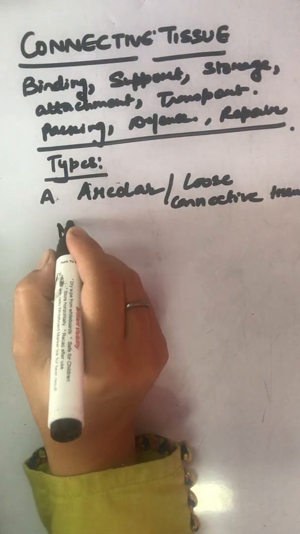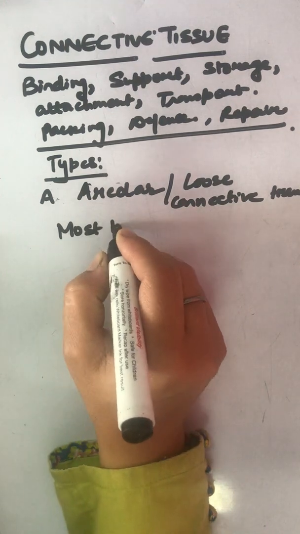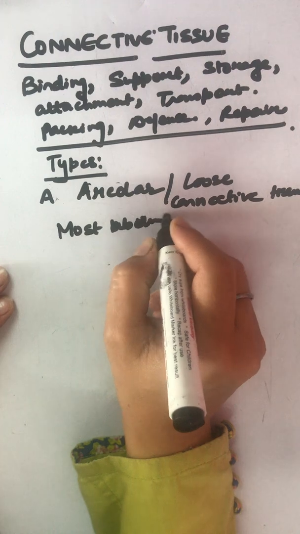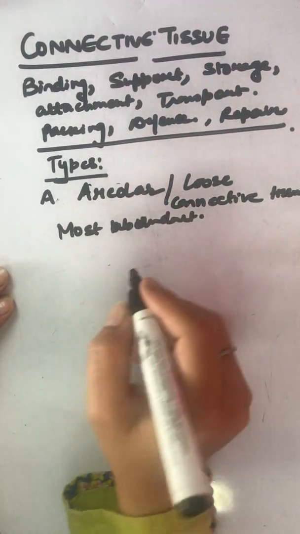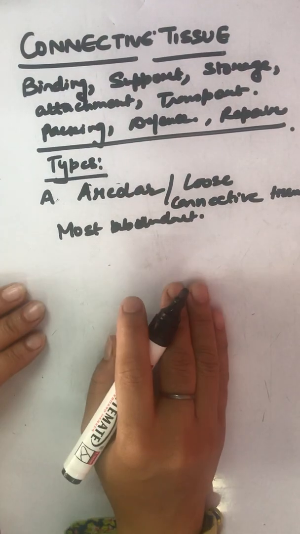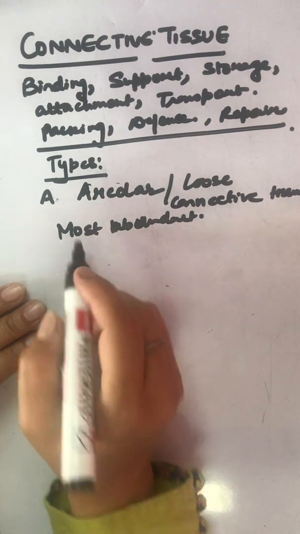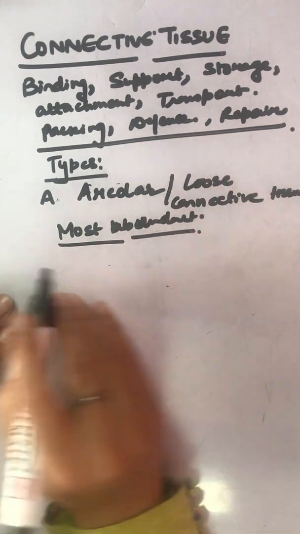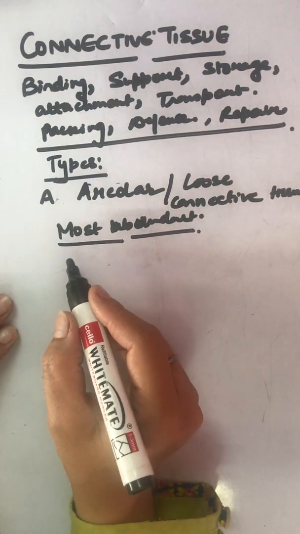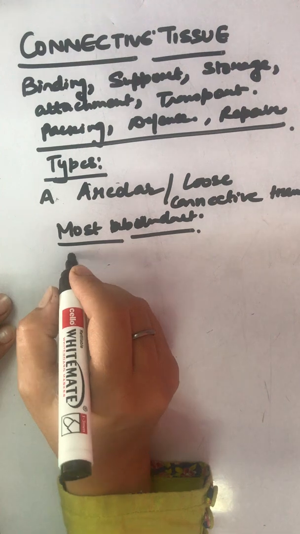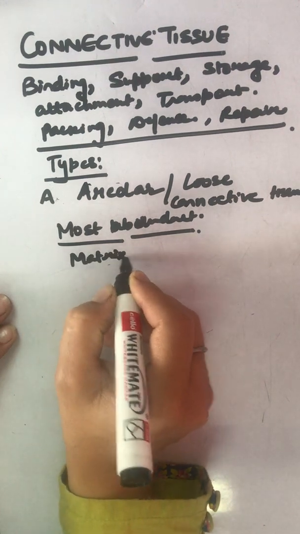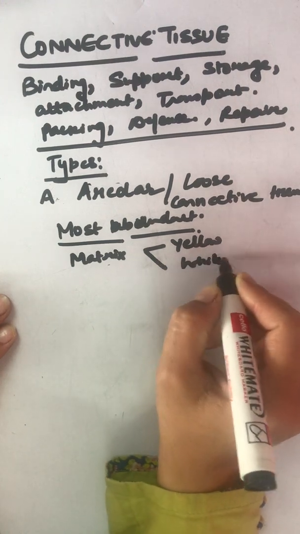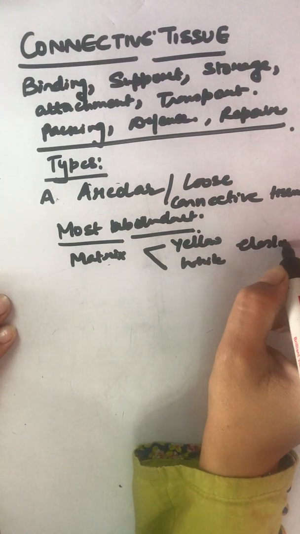It is the most abundant of all the types. It contains practically all the components that can be found in connective tissue. That's why we call it most abundant tissue. And it has a large matrix. Large matrix means a base, and the matrix contains yellow as well as white elastin fibers.